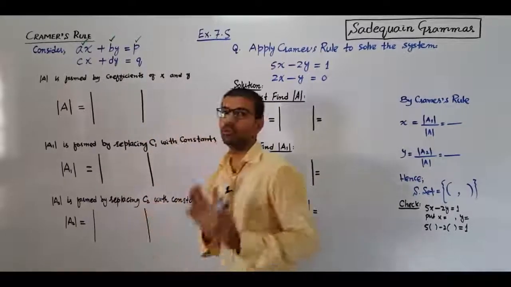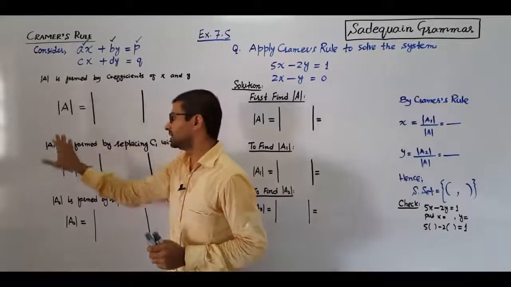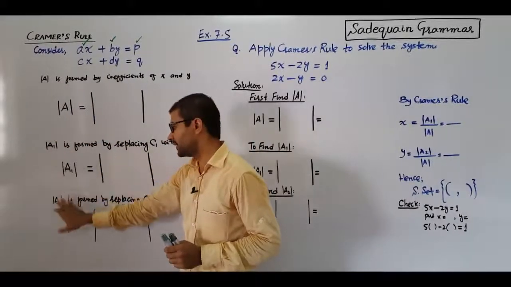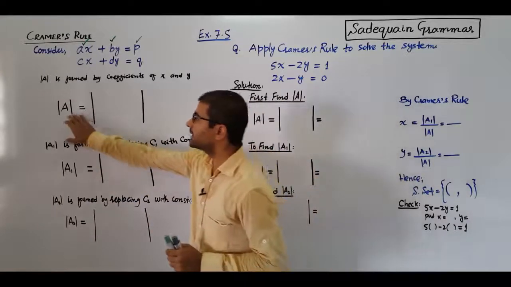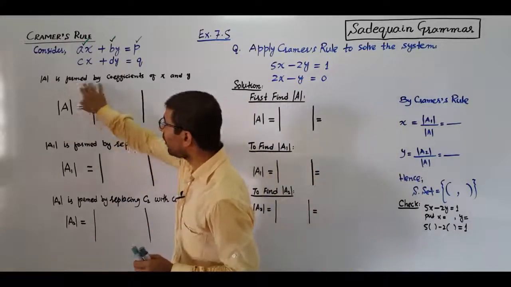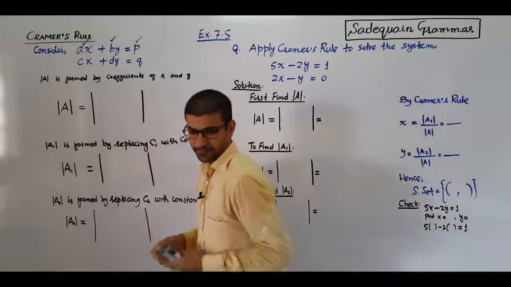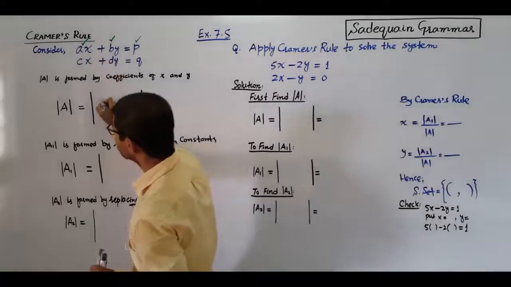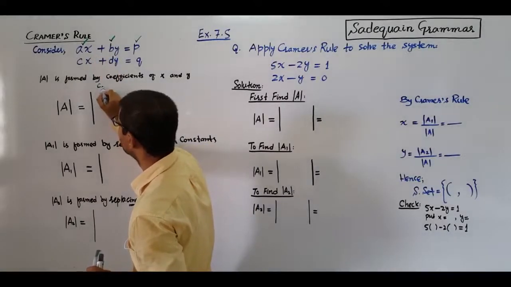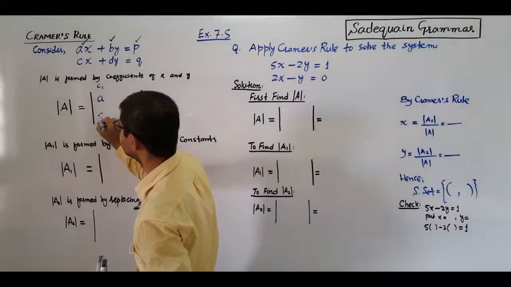In Cramer's rule, first we have to form the determinant A, then the determinant A1, and then the determinant A2. The A determinant is formed by the coefficients of x and y. In the first column, we will write the coefficients of x, a, c.